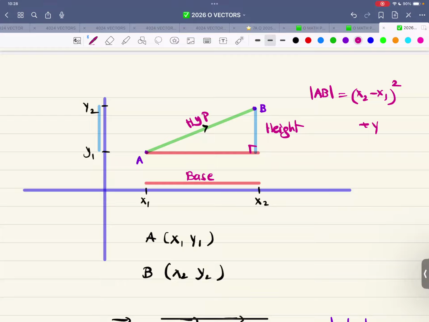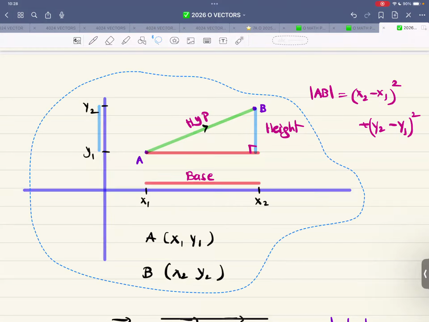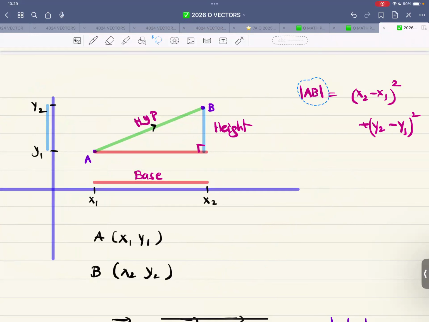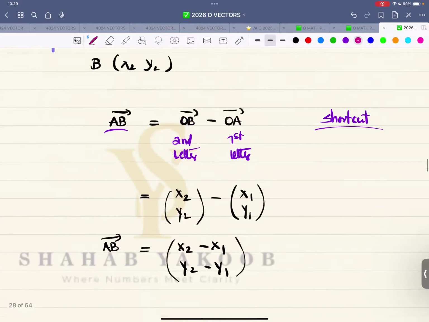So plus y2 minus y1 whole square, the whole thing under root. Let me put a square root.